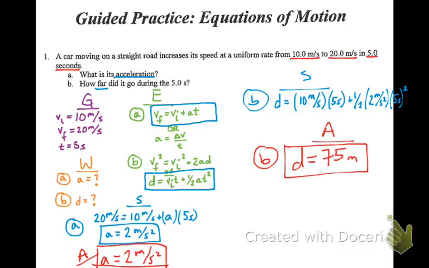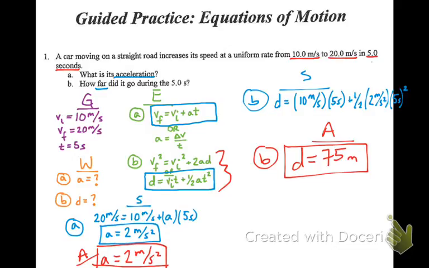So a couple of things that I want to note. You could, if you wanted to, solve for each section individually, meaning you could give your given, your wanted, your equation just for part A, and then substitute only part A and give me your answer for part A, and then show a separate calculation for your equation for part B that you're going to use and your substitution for part B. Now, I am not expecting you to be able to pull out which equation you're going to use for the second part just yet.